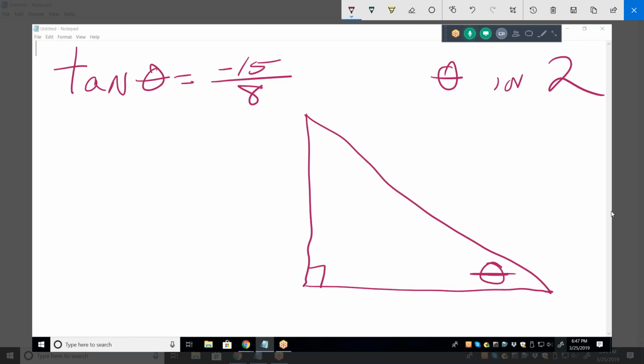So I can label 15 and 8. The tangent of theta would be 15 over 8 if it was in the first quadrant. Well, it's still 15 over 8, but it's in quadrant number 2. What's the hypotenuse? 17.